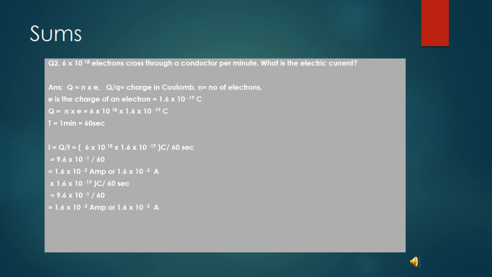Or I can even write 1.6 into 10 to the power minus 2 A. Instead of full ampere, I can even also write A. Hope you have understood it. Please practice once more.